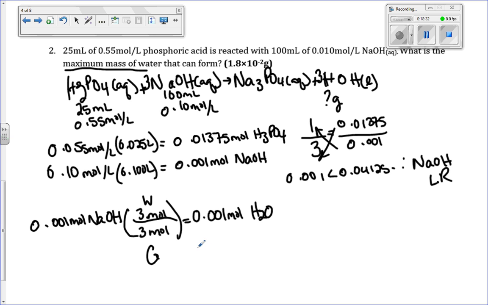From there, we can figure out the mass by multiplying by the molar mass of water.